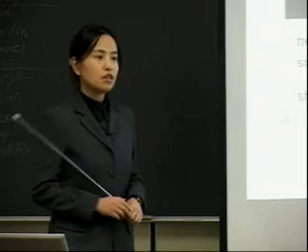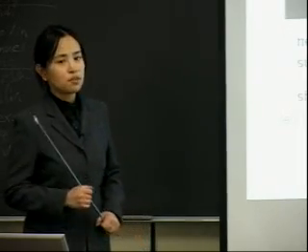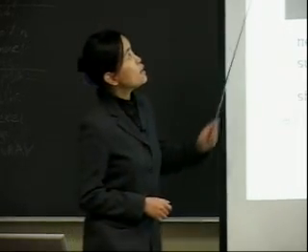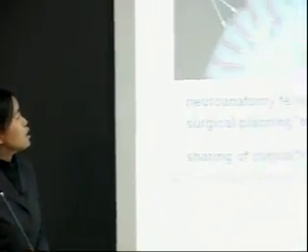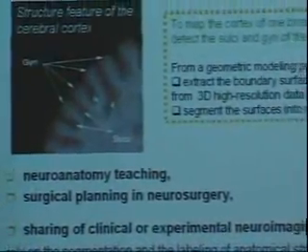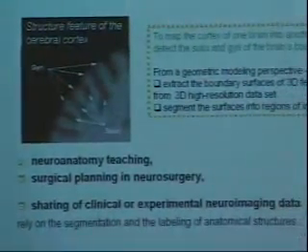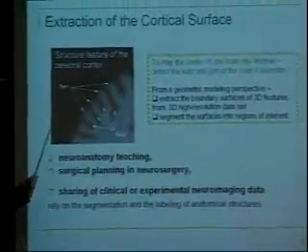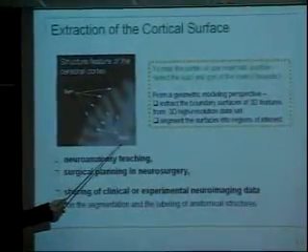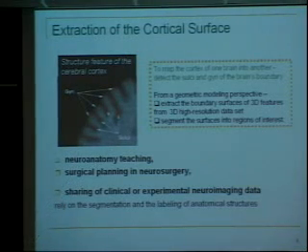So let's first take a closer look at the human brain. Since my topic is about the extraction of the human cortical surface, the major structure of the human brain is composed of patterns, two very outstanding parts. One is called gyri, the other is called sulci. So it's very easy to see.